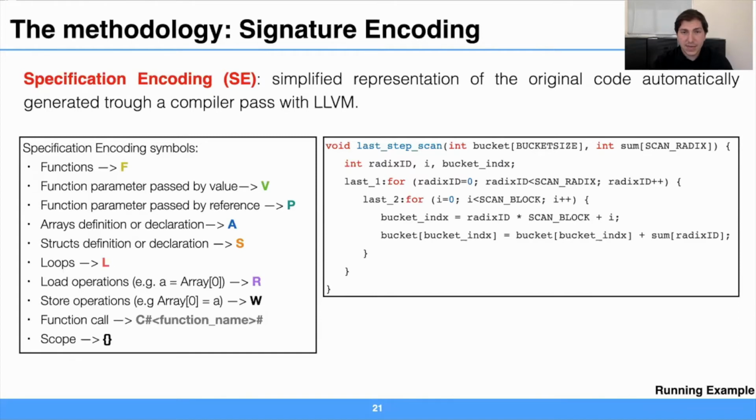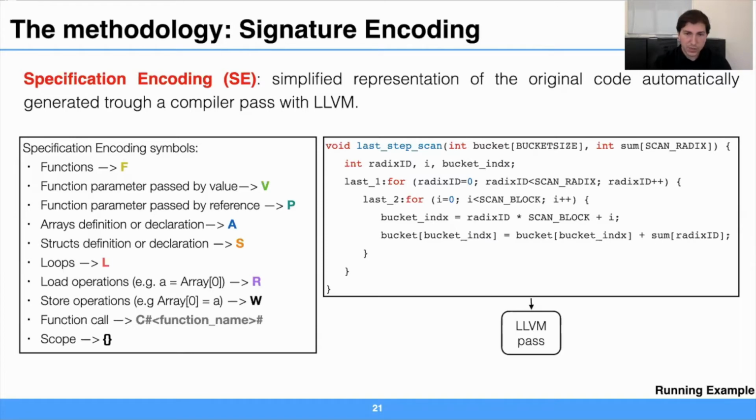This is the last step scan from the radix sort benchmark in the MachSuite benchmark suite. In this case, we have a function which takes as input two arrays, and then there are two nested loops, and inside the two loops we have two reads and one write operation.